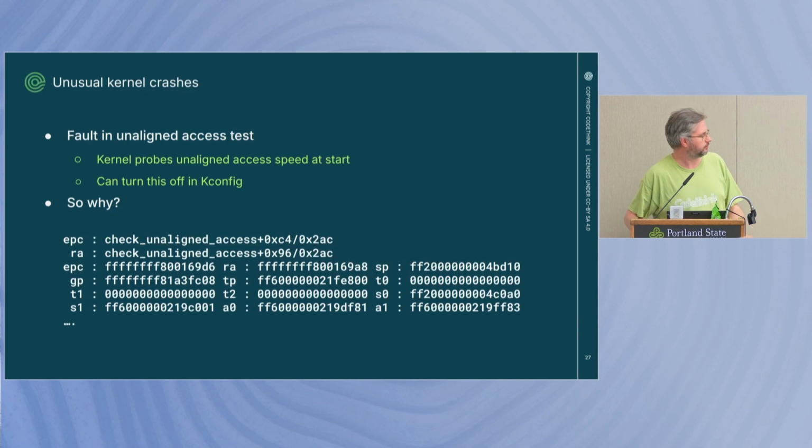So our first fun problem: RISC-V does an unaligned access test at startup to work out if unaligned accesses to memory are efficient or not, and we were getting faults. Now, obviously this worked in little-endian, so why on earth, when changing to big-endian, did we get a problem?